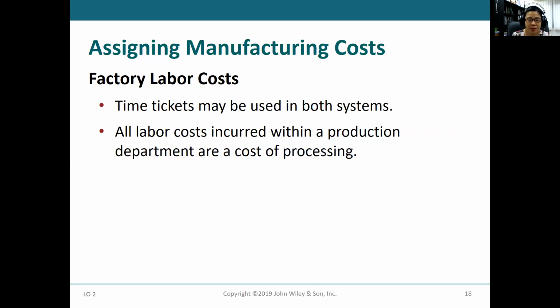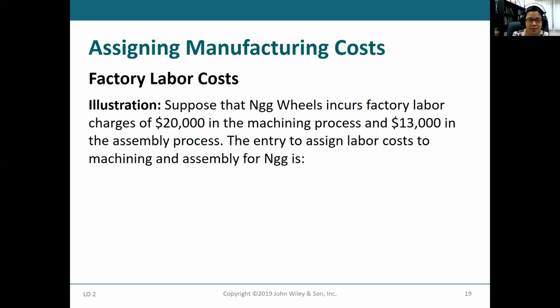And all the labor costs incurred within a production department are a cost of processing. Let's look at an example. Suppose that NGG incurs factory labor charges of 20,000 in the machining process and $13,000 in the assembly process.